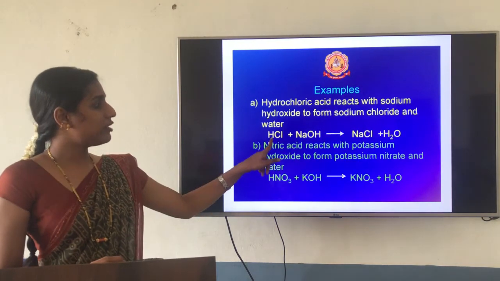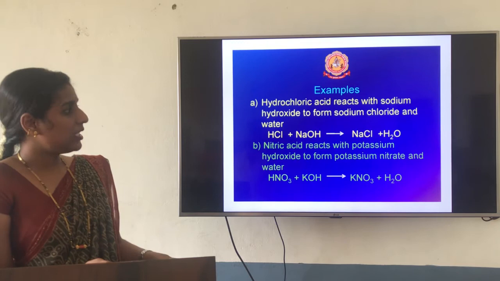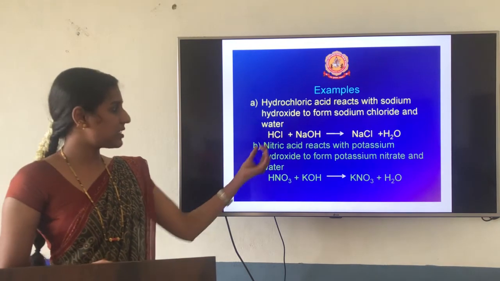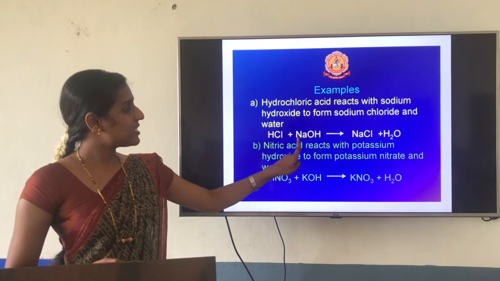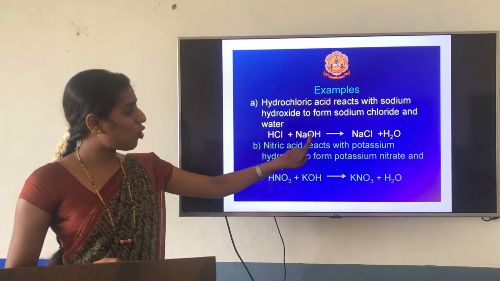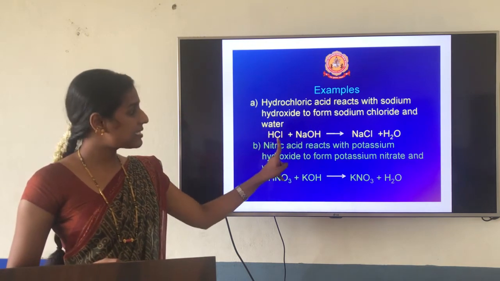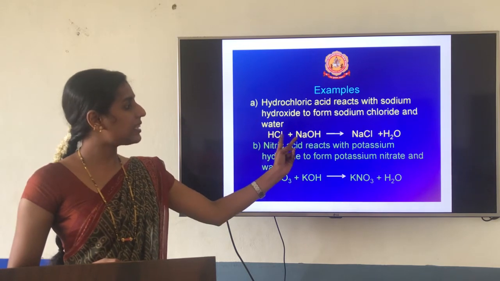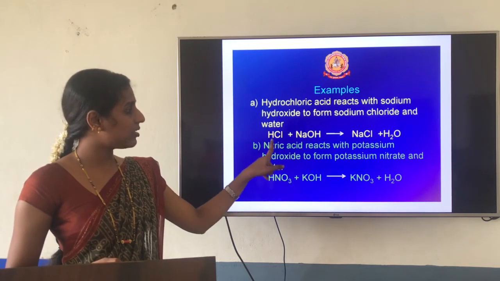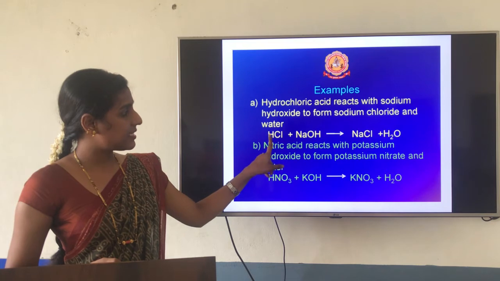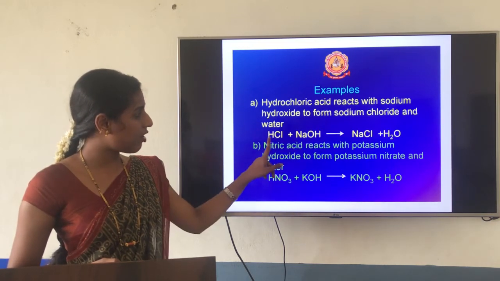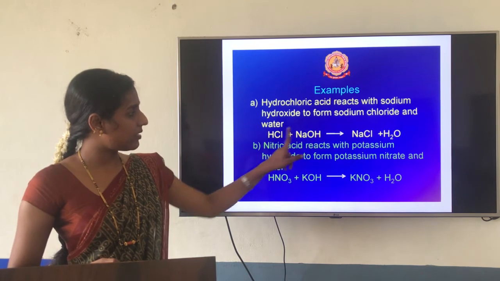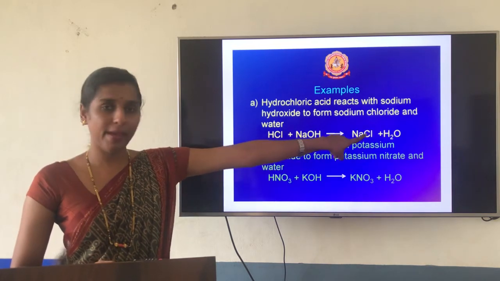Example: hydrochloric acid reacting with the base sodium hydroxide. This is an acid. Why? Because it has H plus ion. This is a base. Why? It has OH minus ion. When the acid and base come in contact with one another, the H plus ion of the acid and the OH minus ion of the base react with one another, H and OH combine to form H2O.